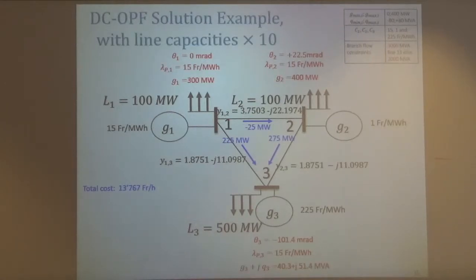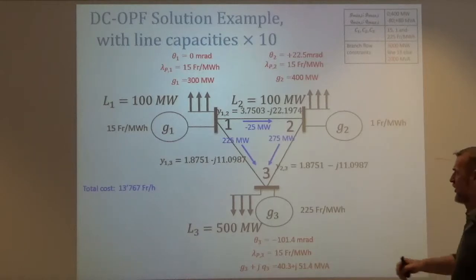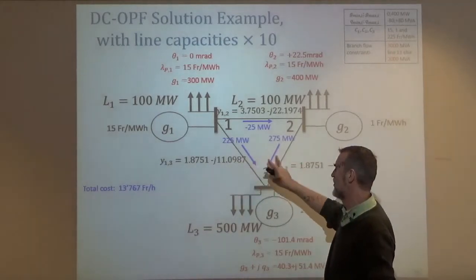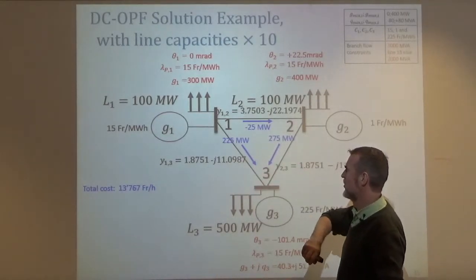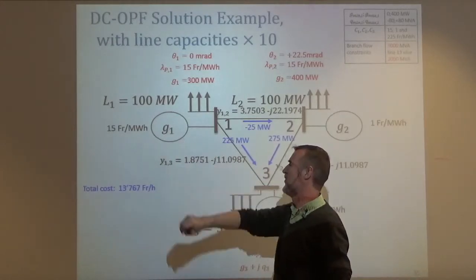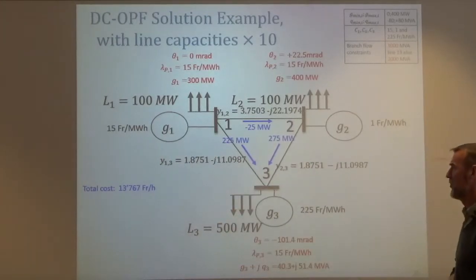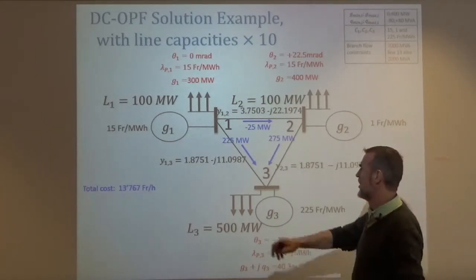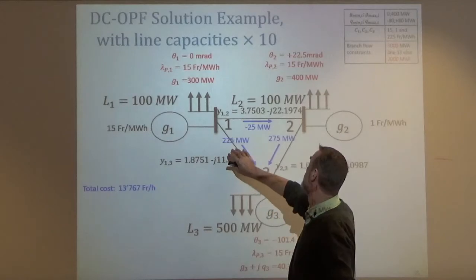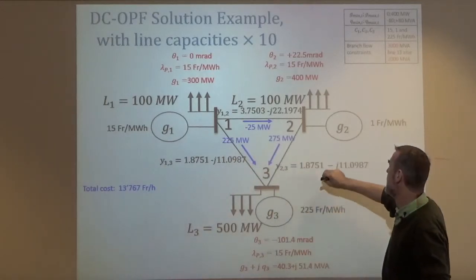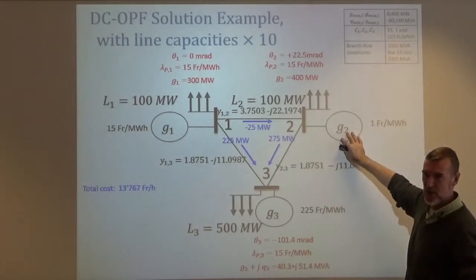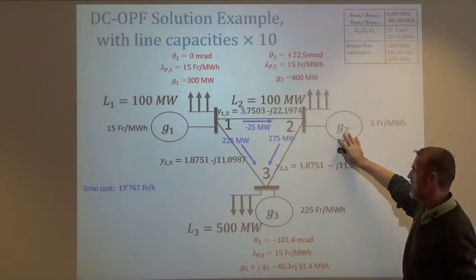Similarly, if I do the second problem we had before, so essentially the problem is now when the lines are not limiting, so I have very high capacity lines, then the only constraints are the constraints of the power generations. Then we find that the optimal power will be at this cheaper generator. We run it at the maximum power.